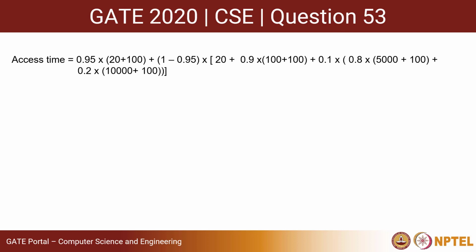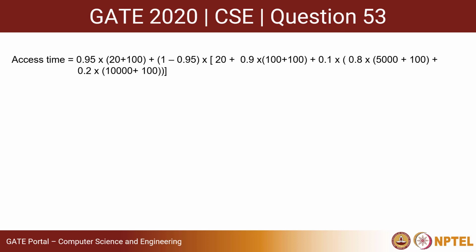Next, 1 minus 0.95, the TLB miss rate, times again 20, since the TLB will be searched every time, plus 0.9. It means that the page is present in the system whenever there is no page fault. The page fault rate was 0.1 or 10%, so the no page fault rate will be 1 minus 0.1, that is 0.9.